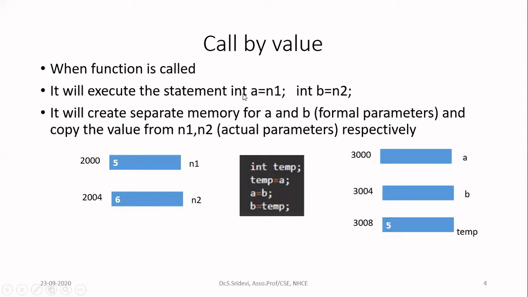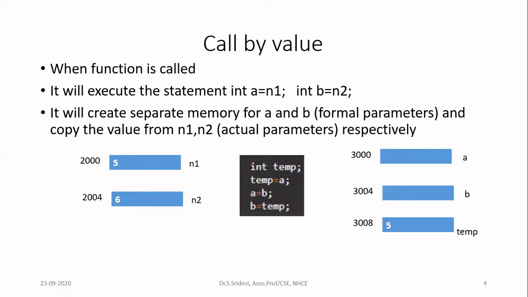Now I am executing the statement int a is equal to n1. When you execute this statement, a is a variable of type integer. So now the compiler will allocate memory for this a. Let us assume the memory allocated for a starts with the address 3000. It will allocate either 2 bytes or 4 bytes depending upon your compiler.